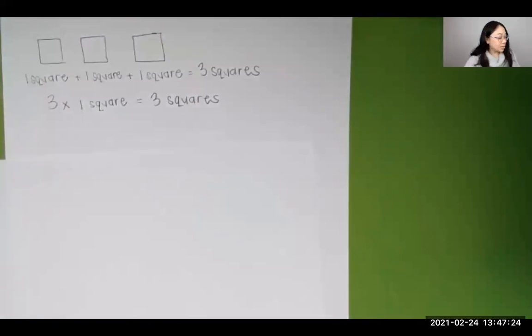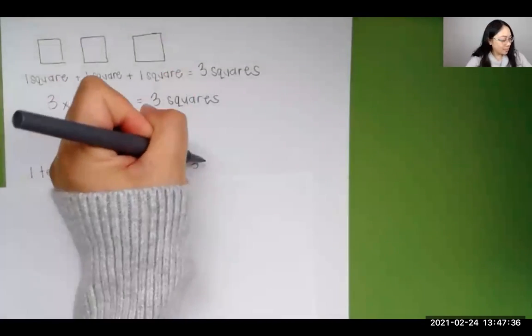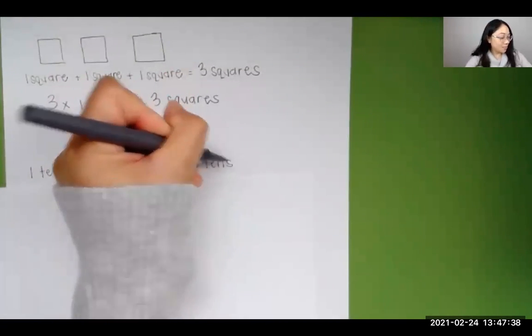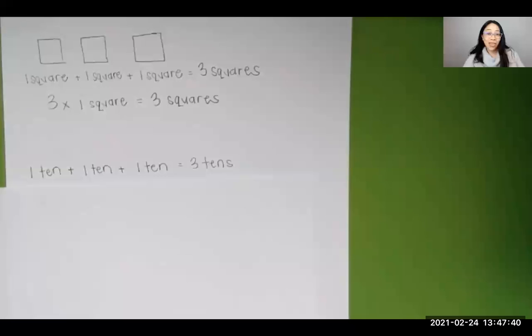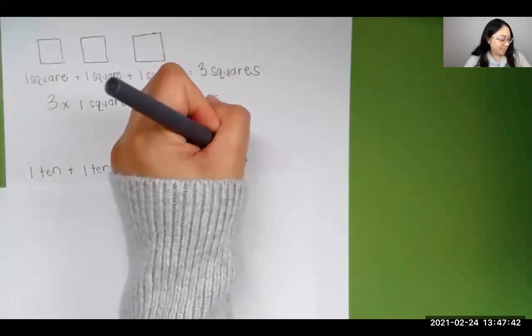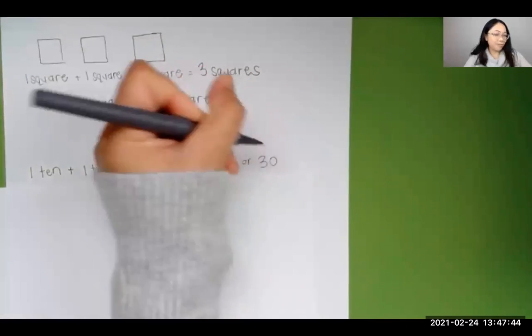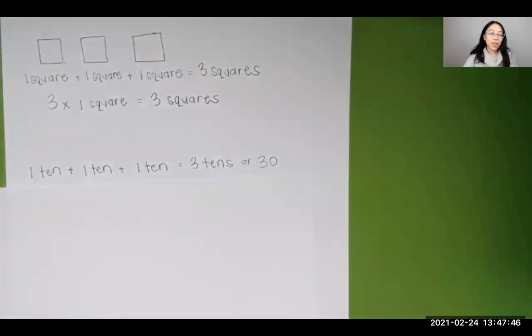What is 110 plus 110 plus 110? 3 tens, or 30. What's 3 copies of 110?